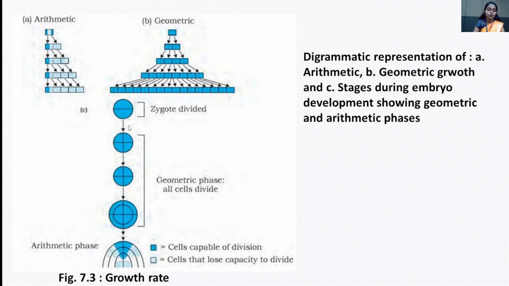The formation of the zygote and its divisions are the arithmetic phase. The diagrammatic representation shows arithmetic and geometric stages during embryo development, showing geometric and arithmetic phases. Moves to the next slide.